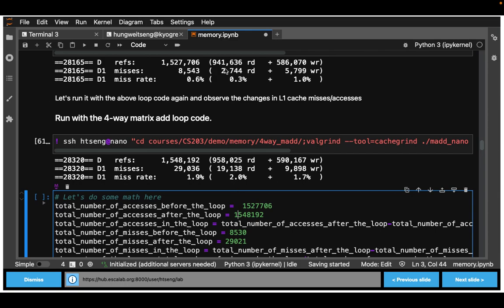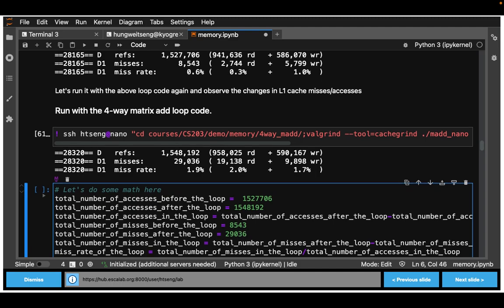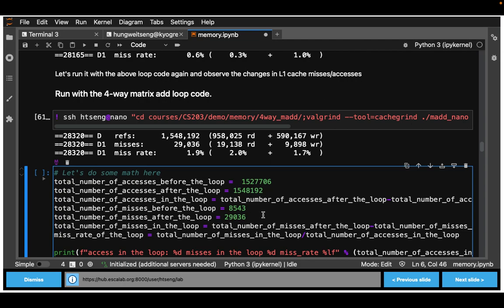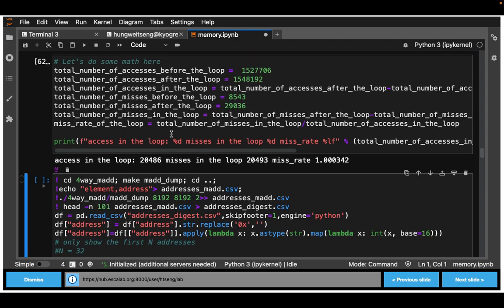For cache misses, it's 8543 before running the loop, and after running the loop it's 29033. So the math here is counting the difference in the number of accesses and the difference in the number of cache misses. With that, you can see the cache miss rate is 1.